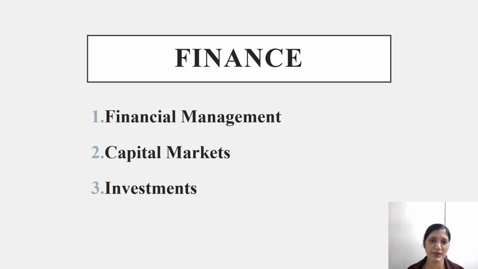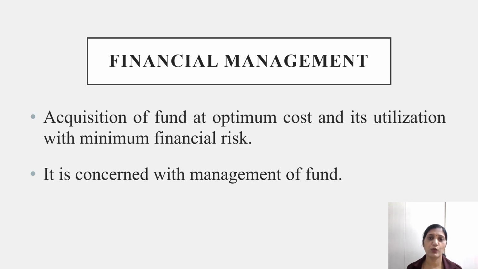Right, at present we'll be studying financial management. What is financial management? Acquisition of funds at optimum cost and its utilization with minimum financial risk. Secondly, it is concerned with management of funds.